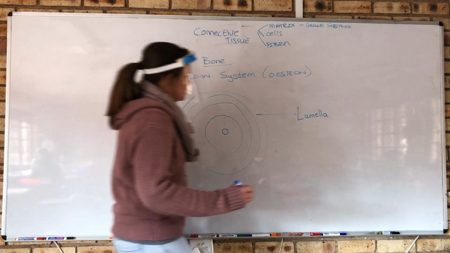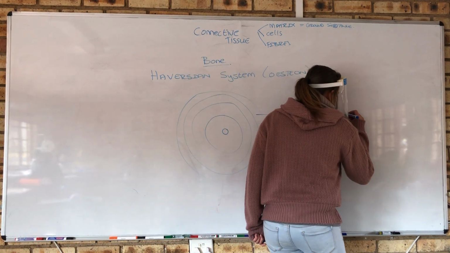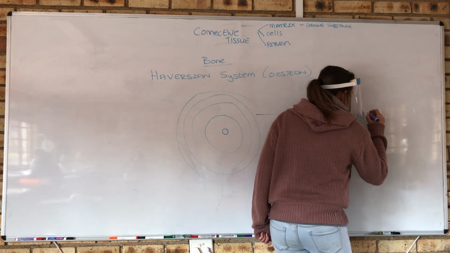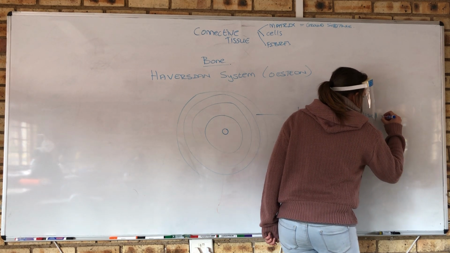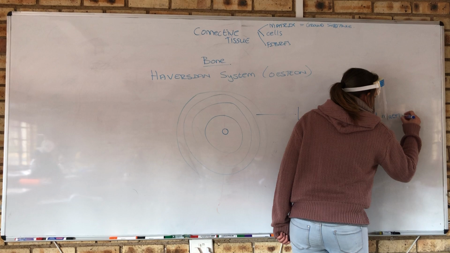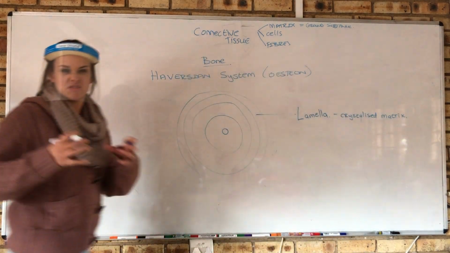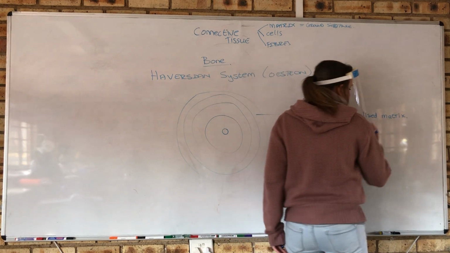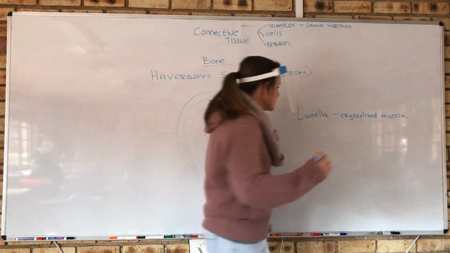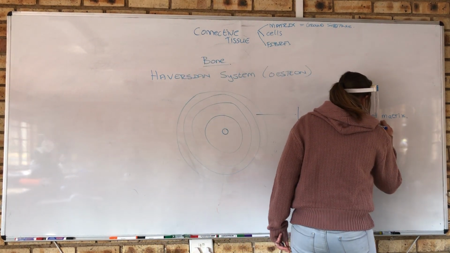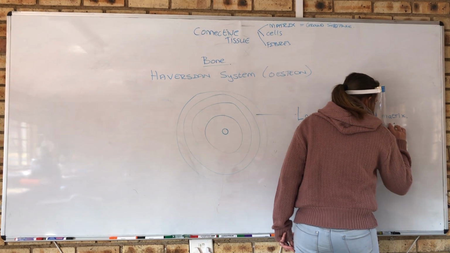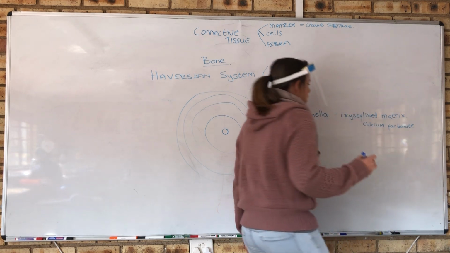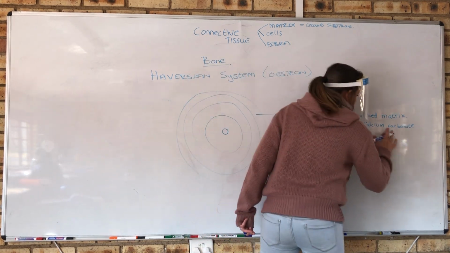And lamella have got crystallized matrix. And that crystallized matrix is very, very, very solid. It's very strong. Okay, and it's crystallized with calcium carbonate, and calcium phosphate.